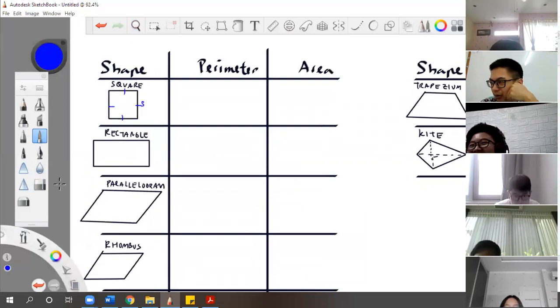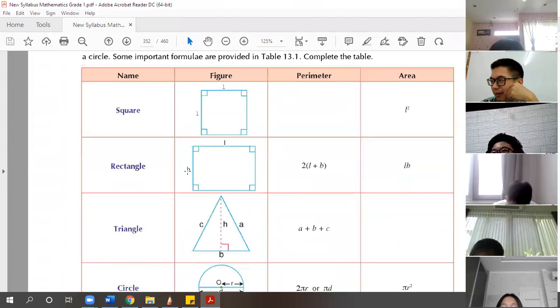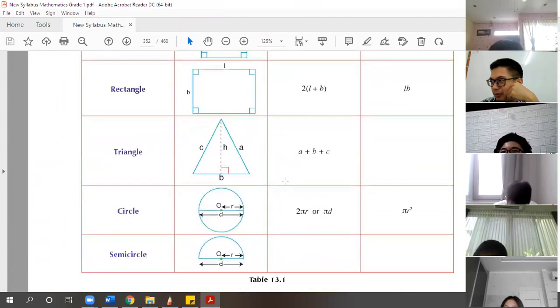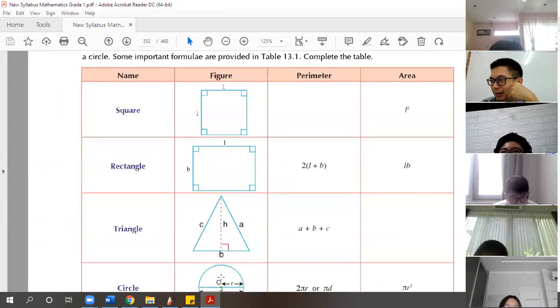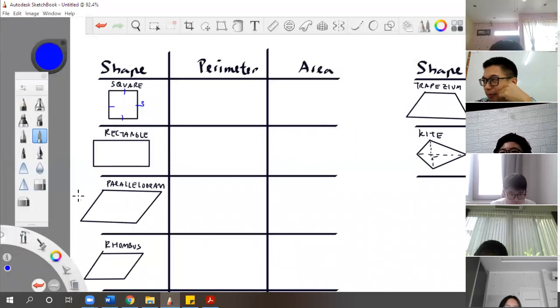But I prefer using the book terminology, breadth and length. Okay, and they are still basic. We learn about the trapezoid later. And then this is breadth, and this is length.